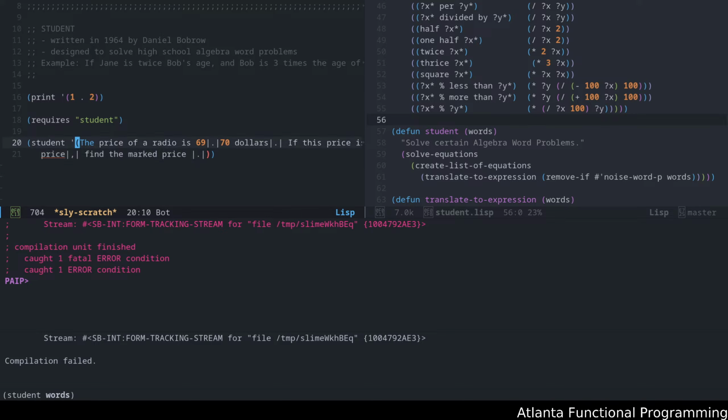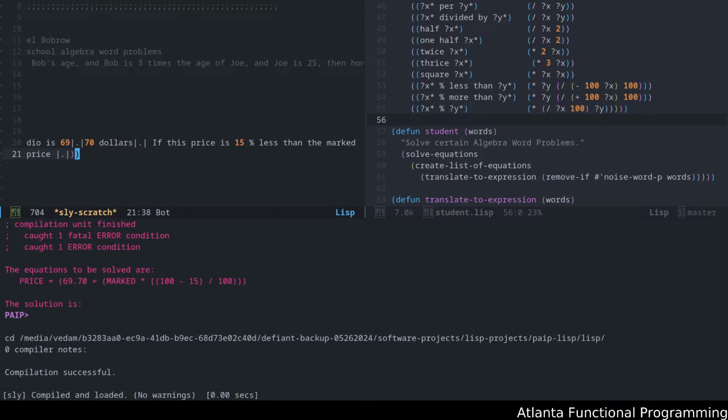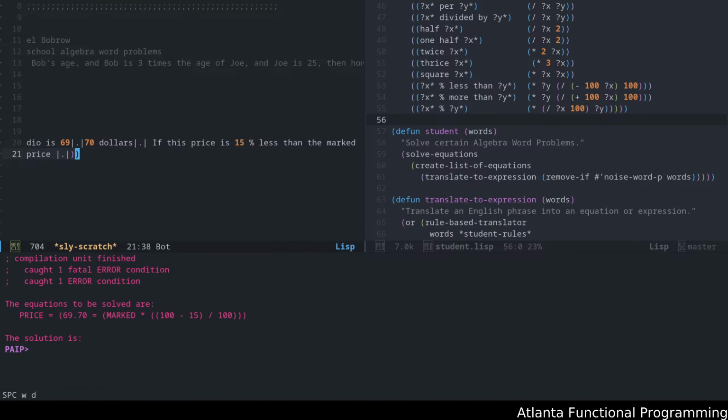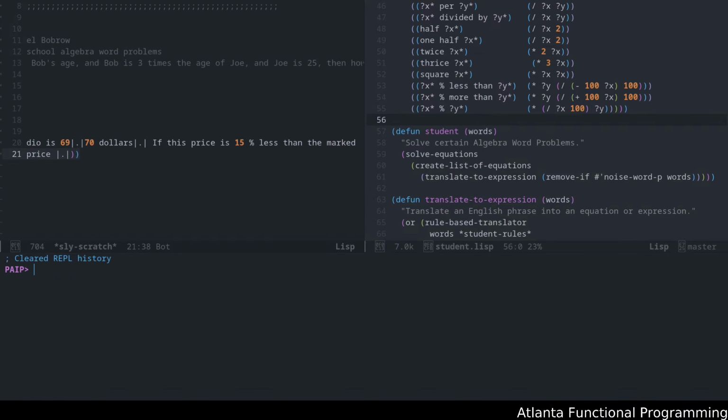Okay, let me try that again. Queries to be solved. Hold on, I've got to clear this again so I can look at this.